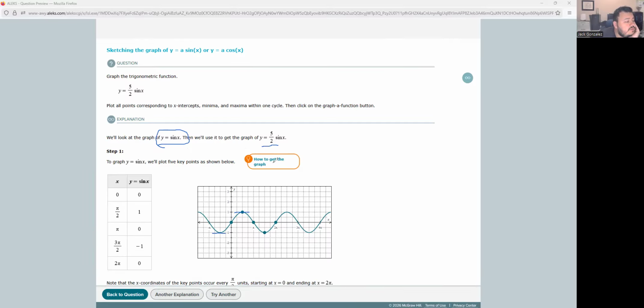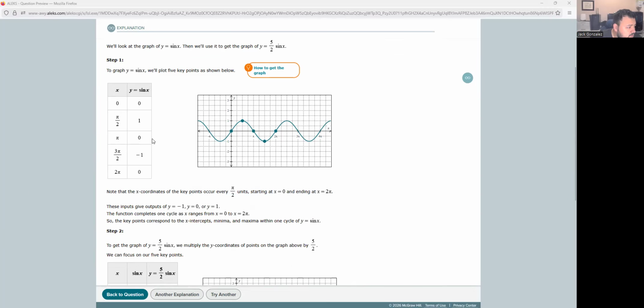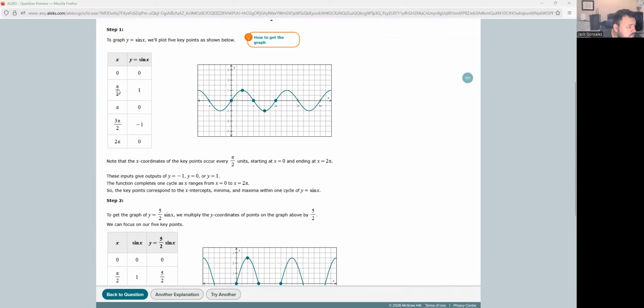So the 5 halves is going to change the amplitude, meaning it's no longer going to go to 1 and -1. It's going to go to 5 halves and -5 halves. That will become the newest high and low point. So what they do basically is you take all the x inputs and y inputs.